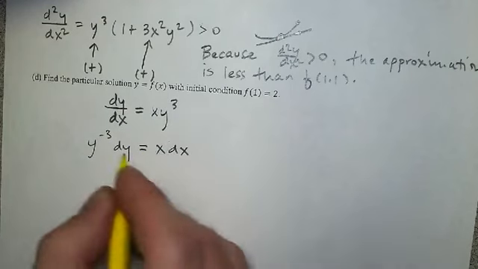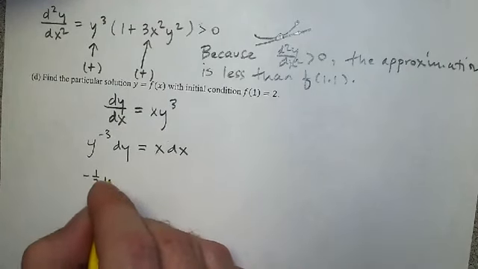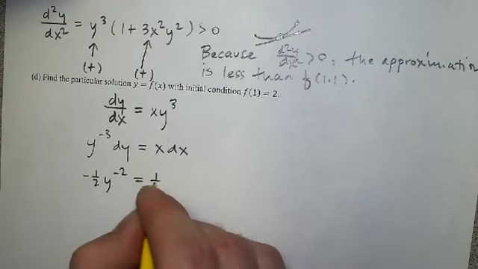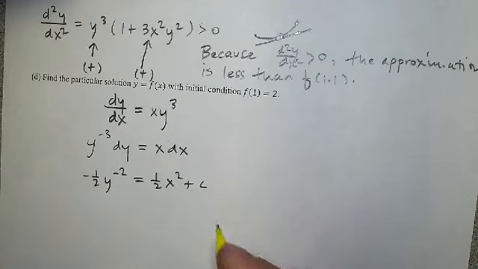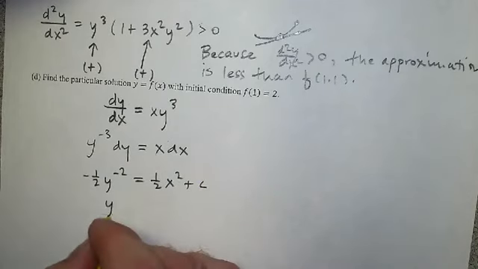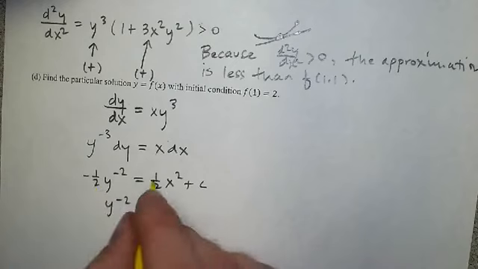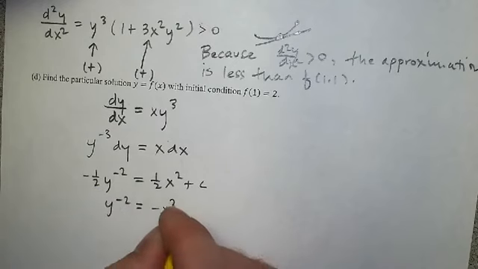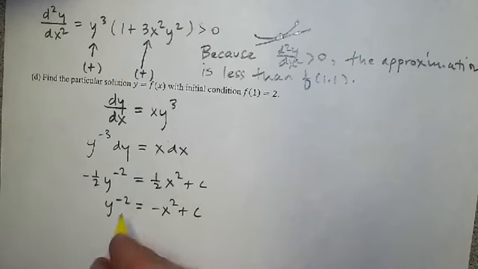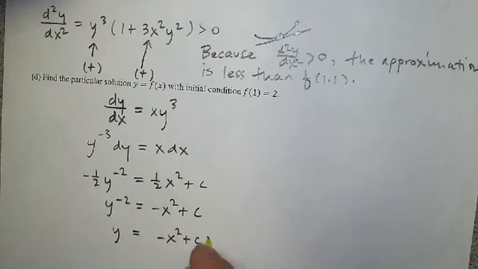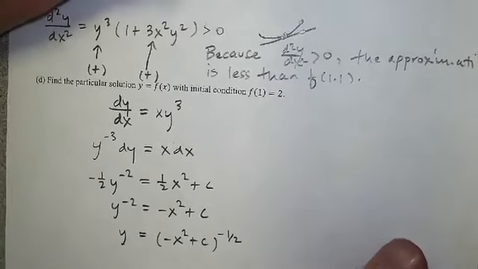And x dx, anti-differentiate. Multiply by negative 2, so that's negative x squared plus c. And I think y to the negative 2 will be equal to negative x squared plus c. If I want to get rid of the negative 2 power, I'm going to take both sides to the negative half power. And that's the general solution.